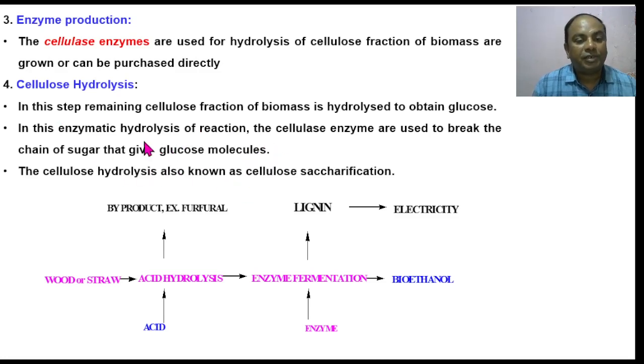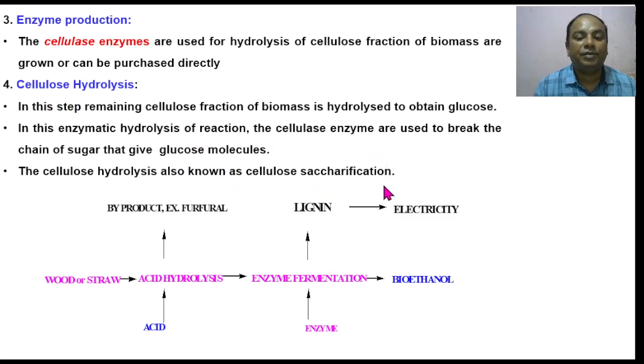This process is also called cellulose saccharification. That is, breaking down of this polysaccharide into the simplest glucose molecule is called the saccharification process. So here the cellulose is broken down into the simplest glucose molecule, and we can say that this is cellulose saccharification.